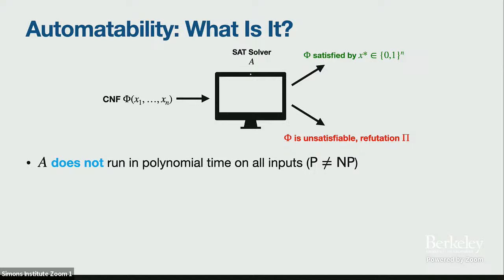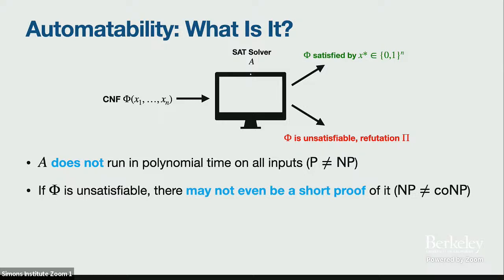Because of the one-sided nature of NP, if I feed in an unsatisfiable formula, it's not even necessarily going to be able to output a short proof of this thing, right? The complexity theoretic way of saying this is that we believe that NP is different from co-NP, but one way to think about this in an applied setting is that the proof logging might be a lot more expensive than simply not doing that, right?